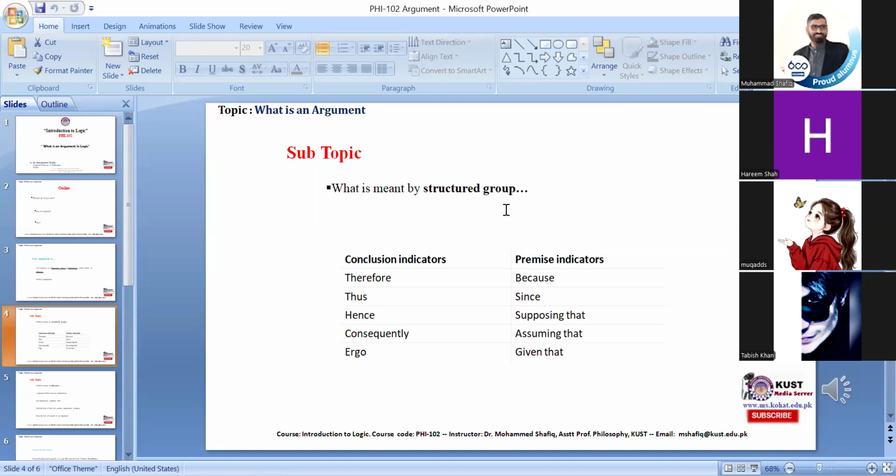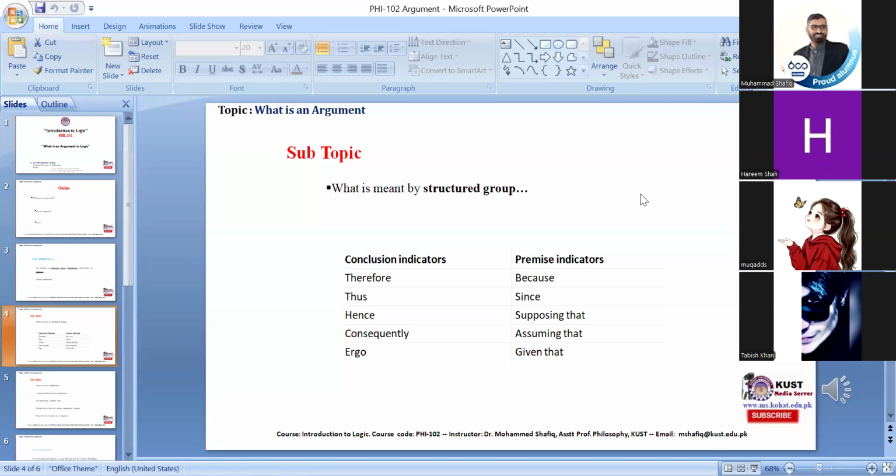If there are at least two propositions, they would compose an argument. In those propositions, there is one conclusion, and the other proposition would be the premise.